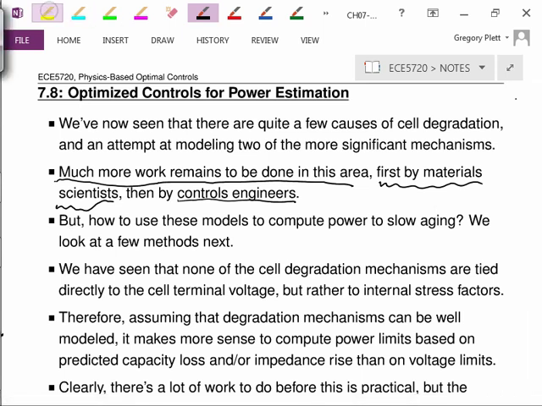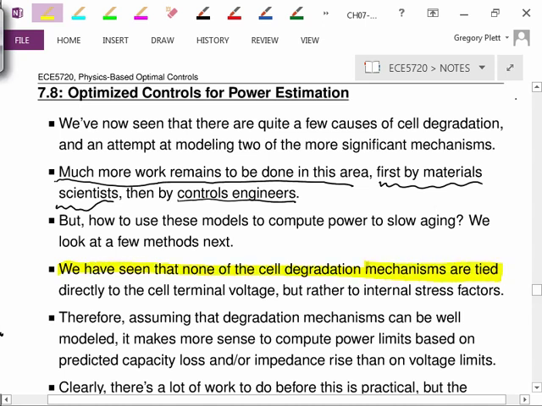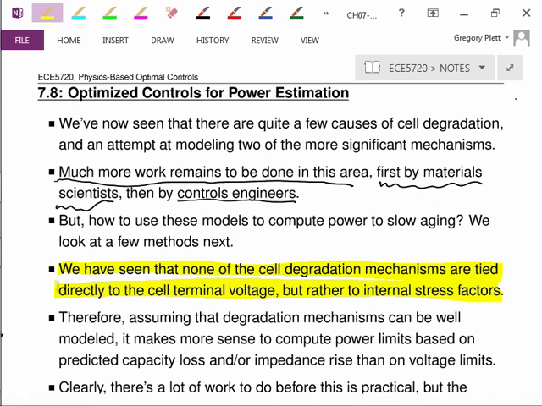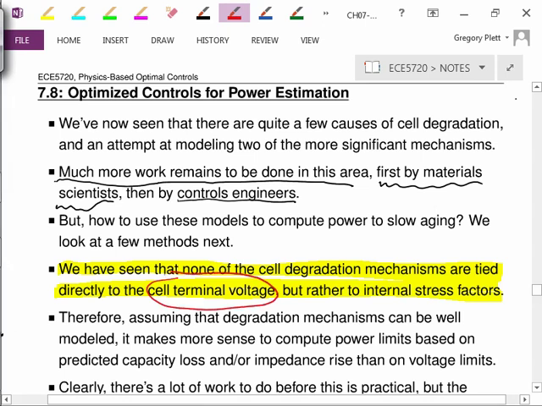And the key point is this. We've looked at only two mechanisms, but in those mechanisms causing SEI growth, causing lithium deposition, nowhere in those models did we even see a term describing cell terminal voltage.